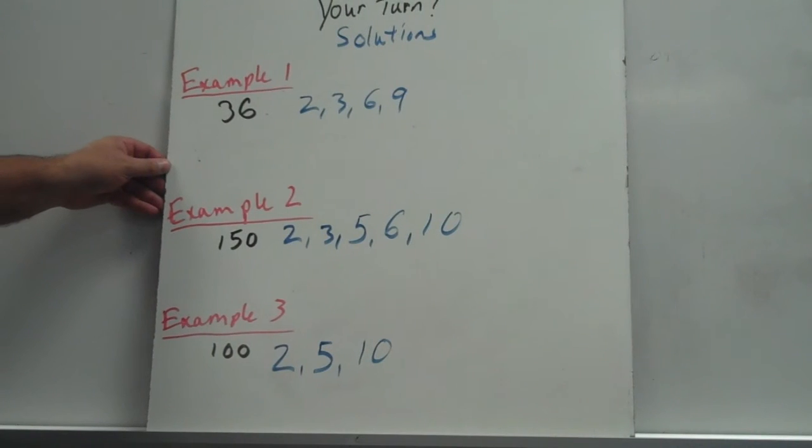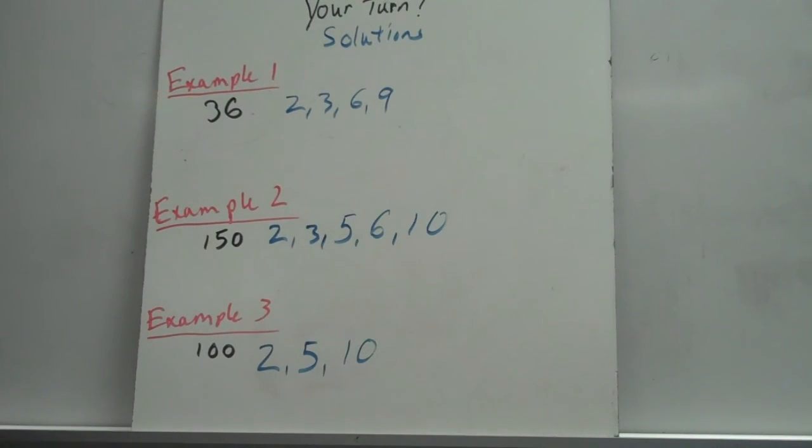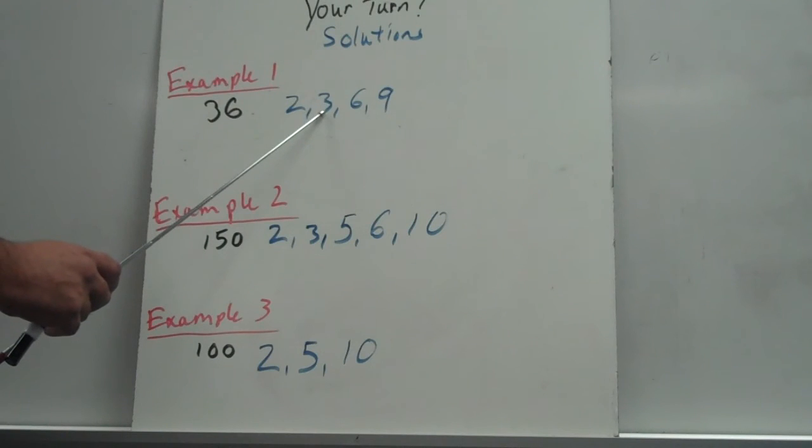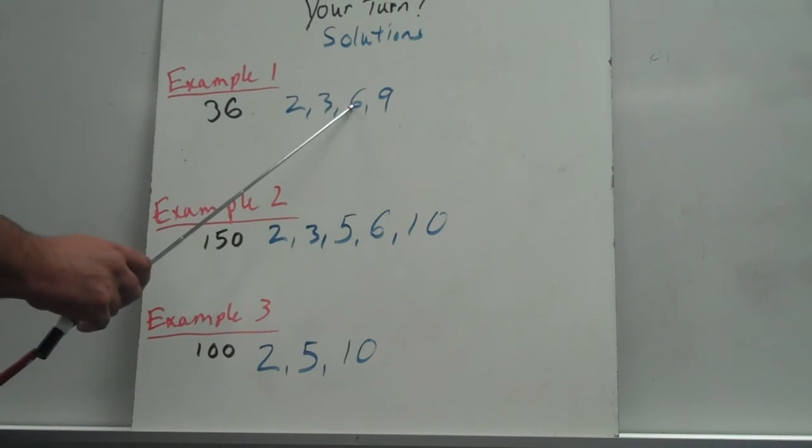Okay, let's see what you got for our practice problems for finding numbers that are divisible into our example numbers here. So for 36, hopefully you got 2 and 3 and 6 and 9.